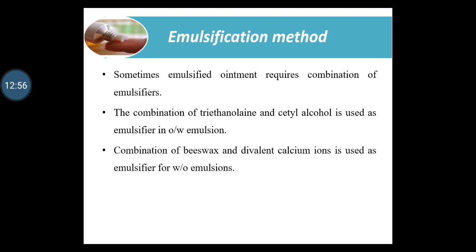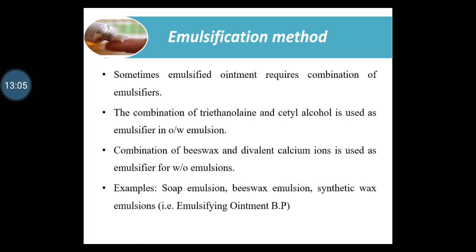The combination of beeswax and divalent calcium ions is used as emulsifier for W/O emulsions. Examples of such type of emulsion based ointment are soap emulsion, beeswax emulsion, synthetic wax emulsion, that are emulsifying ointment BP. Emulsifying wax is used in this type of ointment.